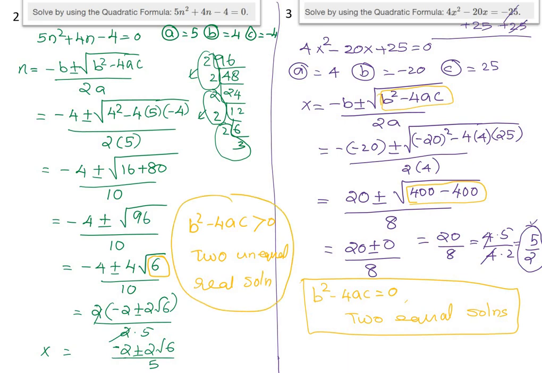So this is the conclusion from there. So b square minus 4ac equal to 0, we have 2 equal and real solutions. And if b square minus 4ac is positive, we have 2 unequal solutions, and at the same time they are real also. So this b square minus 4ac has a dominant role in the solution of the quadratic equation.